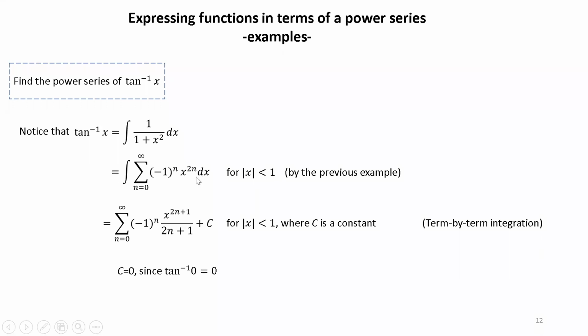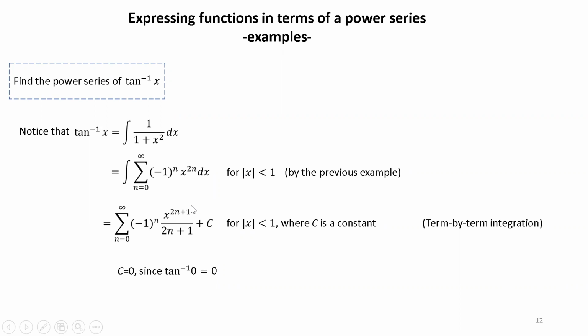Now we know that for this convergent power series, when I do the integral, I can do it term by term. That is, I move the integral sign inside the summation and do term by term integration. I obtain this one.